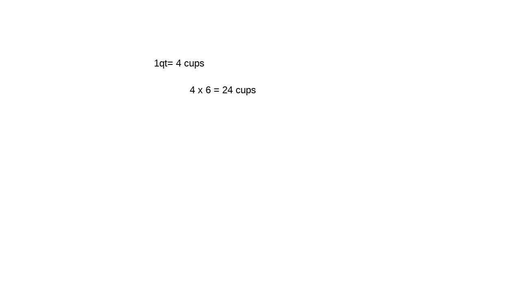Okay? So now we're going to look at our chart. And if you go over to the 5th column, it says 1 pound of raw lentils will yield this number of cups cooked. Okay? So we're going to take the raw amount that we need, which is 24 cups.